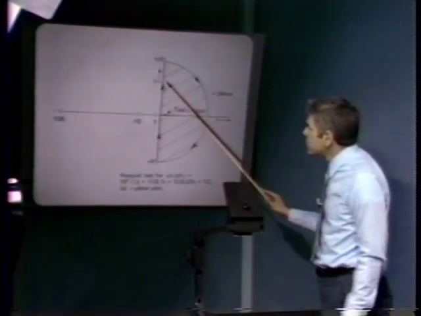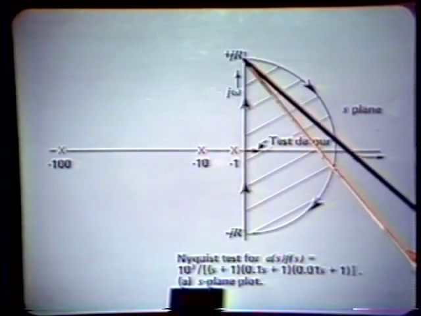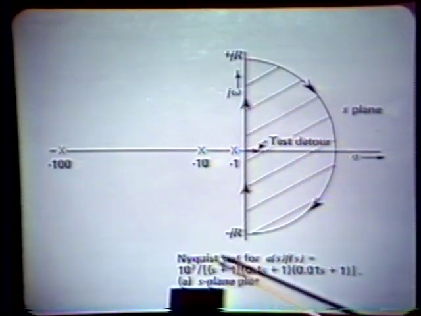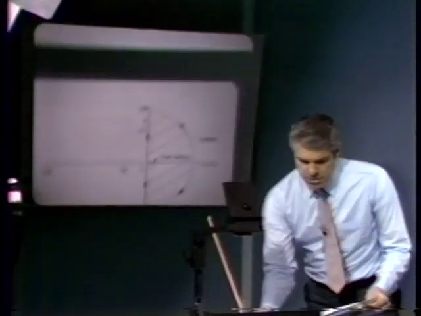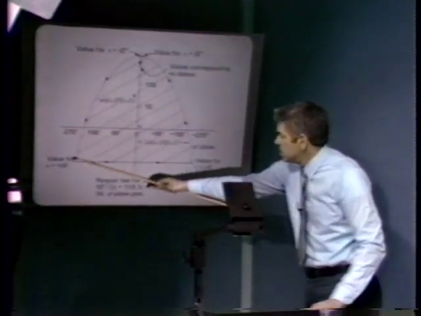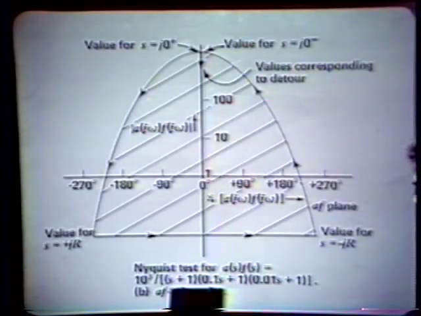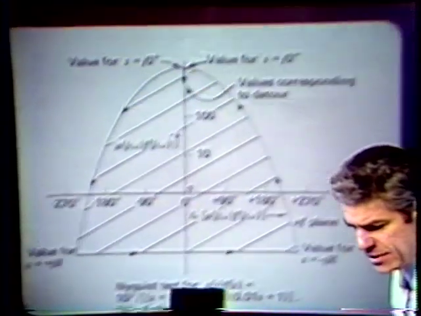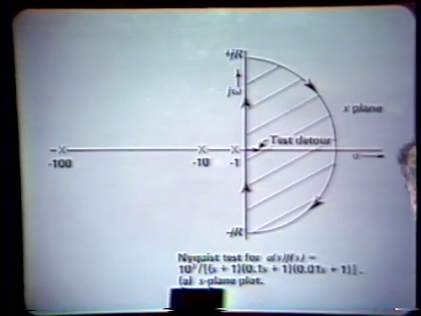So here, notice we've taken a right-hand turn at this point in the s-plane, and we find that we take a corresponding left-hand turn in the AF plane, like so, and that in fact tells us that the shaded regions correspond.